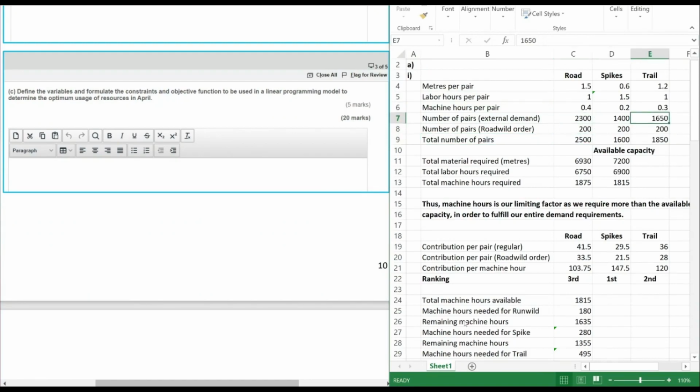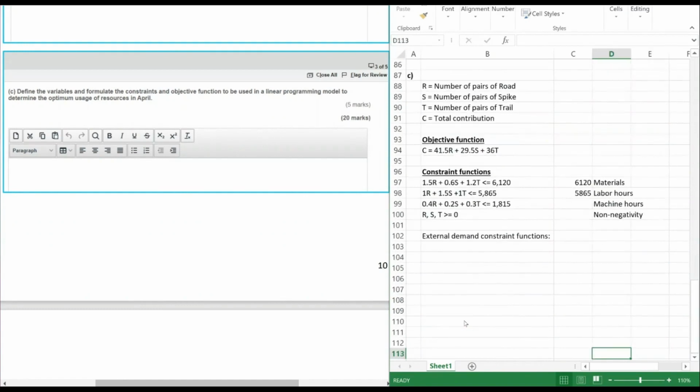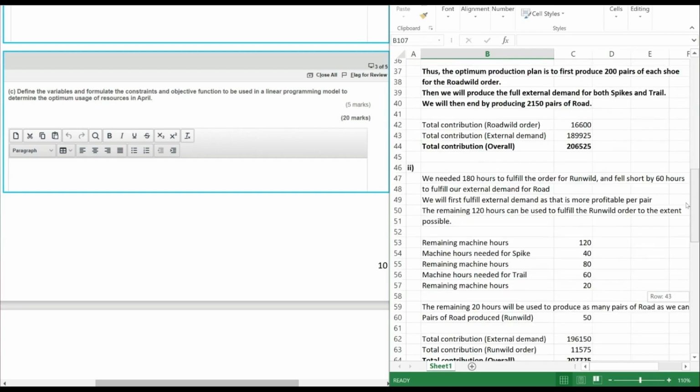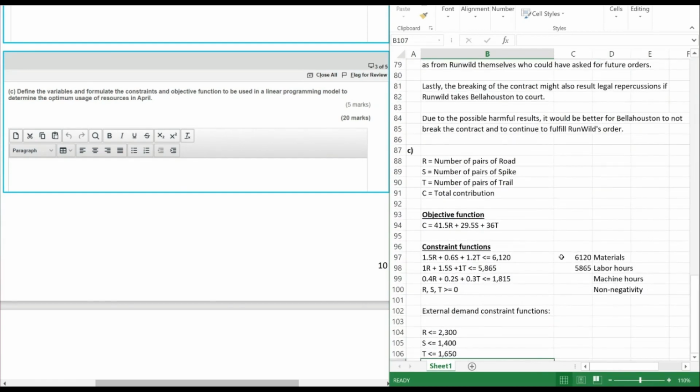So 2,300, 1,400, and 1,650. So R is less than or equal to 2,300, S is less than or equal to 1,400, and T is less than or equal to 1,650. Right? Let's just double check once more. 2,300, 1,400, and 1,650. Okay, so we have all of our constraint functions and all of our numbers here as well.